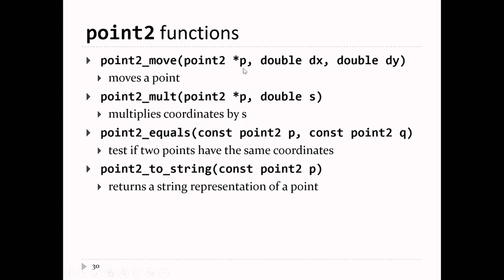Similarly, I can write a method called multiply that takes a point and multiplies its coordinates by a scalar s. I can write a function that tests if 2 points, p and q, are equal, meaning they have the same x and y coordinates. And then I can even make a function called toString that returns a string representation of a point in case I want to let somebody print that point.